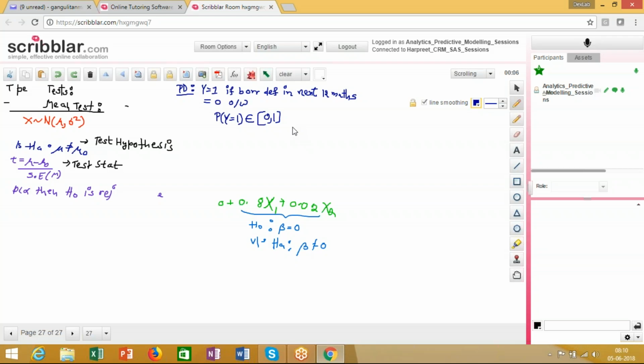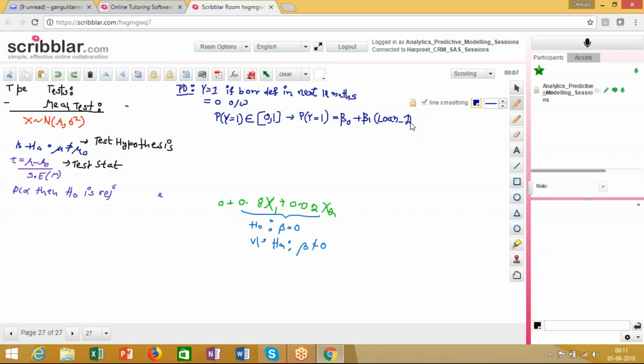There is an inconsistency in the mapping, because I cannot simply frame the model like this: probability y equals 1 is the dependent variable, equal to some intercept beta 0 plus beta 1 into the loan amount, the amount of loan that has been given.